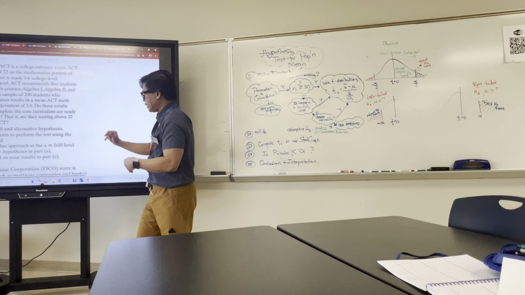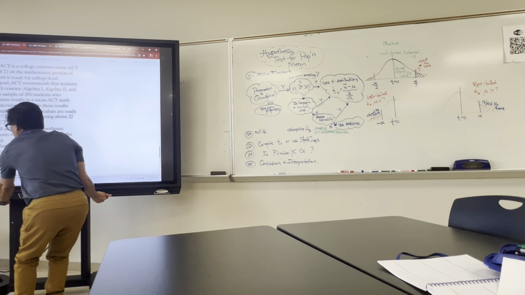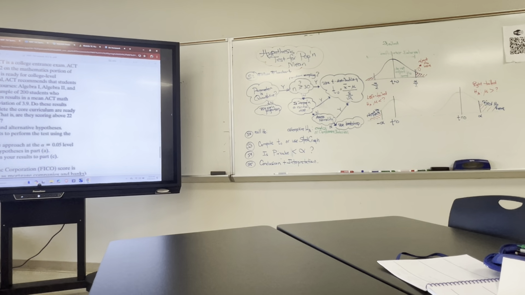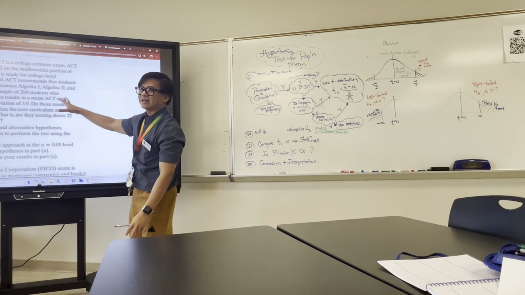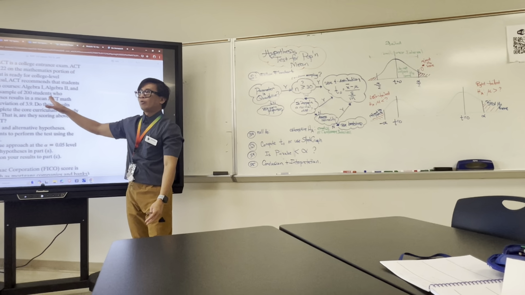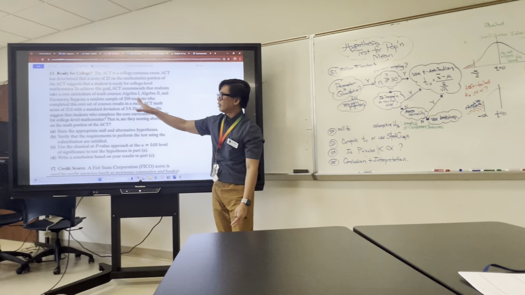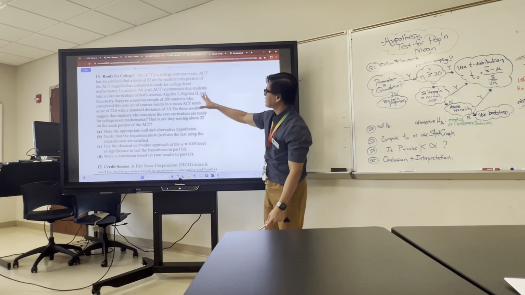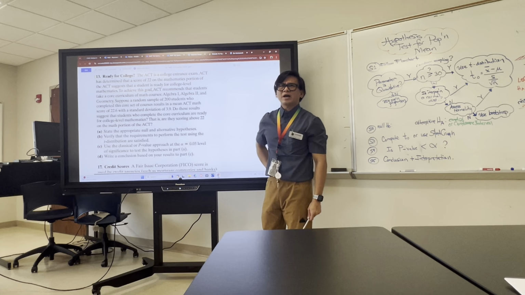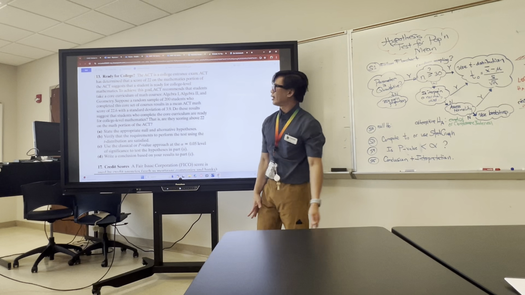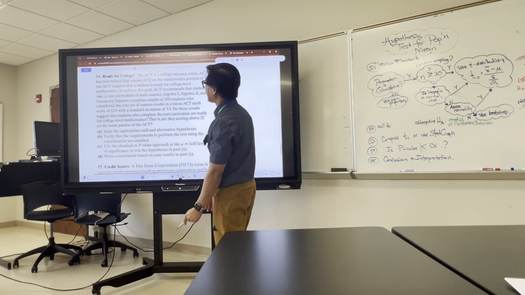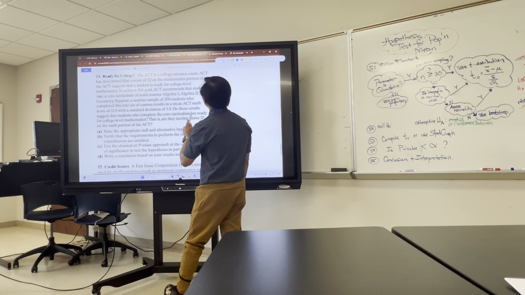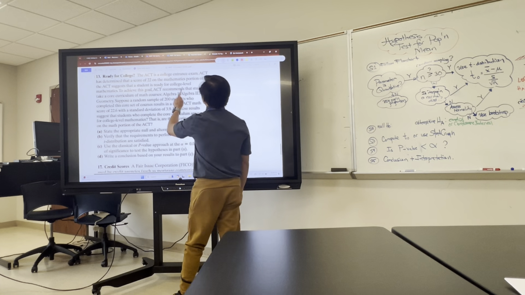Let's read this one and see how we can work on it. Click it in here and let's see it, guys. What do we got? Thank you, Brittany. Go ahead, please. Are we ready for college? Well, we're already in college, right? Okay, go ahead. The ACT. Number 13. The ACT is a college entrance exam.